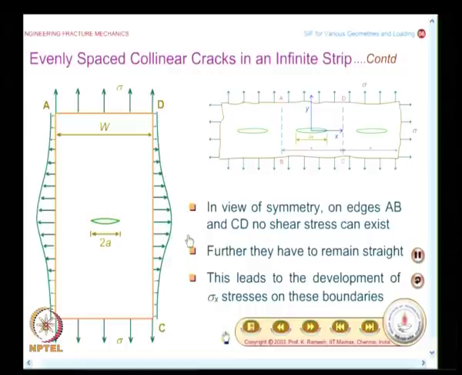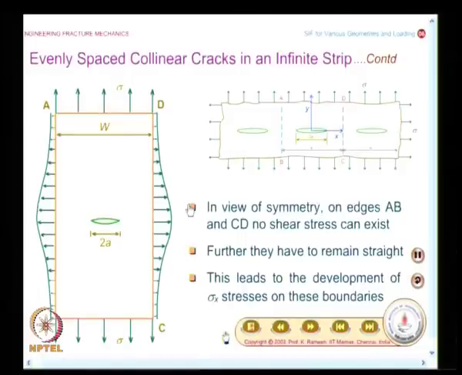When the a by w ratio is small, the sigma x is smooth. Only when a by w is very large, you find the sigma x values are very high on the crack axis.